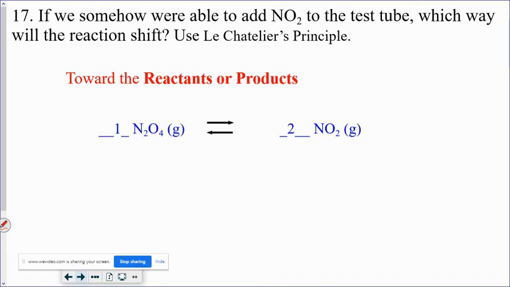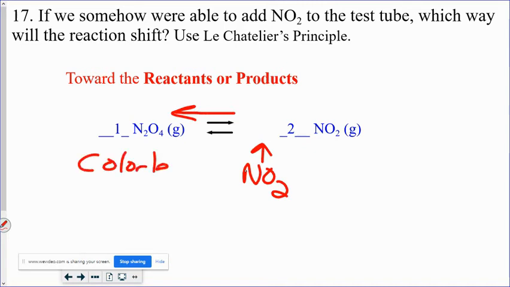If we somehow were able to add some NO2, some NO2 is added. So NO2 increases, the reaction is going to shift to use up some of the NO2. So it would shift this way, and we would expect the whole solution to become more colorless. So shift towards the reactant side.